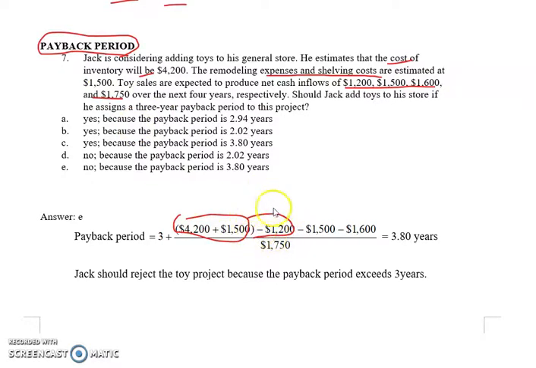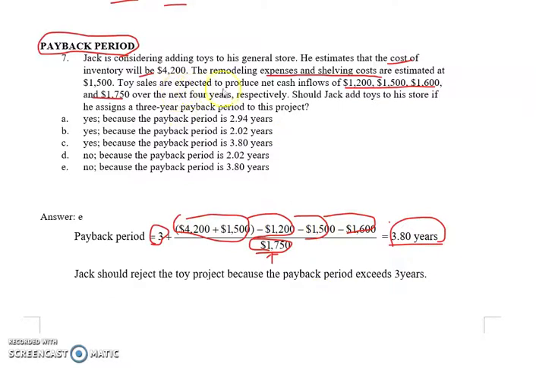This is the balance for year 1, year 2, and year 3. You should find the balance after year 3 is negative, but after year 4 is positive, so we stop at year 3. And then the balance over the cash flow of year 4. So the payback period is less than 4 years but greater than 3 years: 3.80 years.